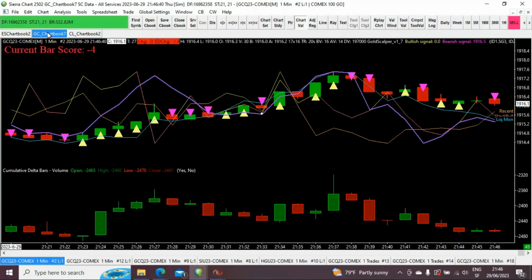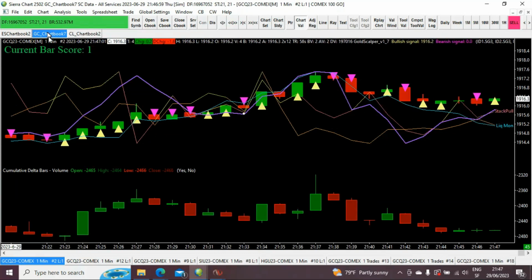So this is something called a gold scalper, and as the name suggests, it's obviously intended for scalp trades. What it's doing is looking at the current moves in gold compared to the moves in other metals like silver and copper and so on, to see if there's any sort of discrepancy, if one is moving and the others are not.